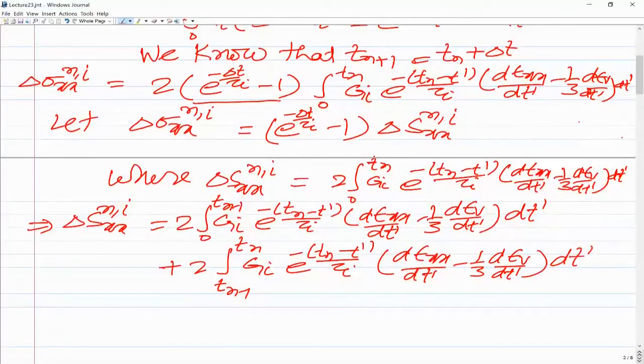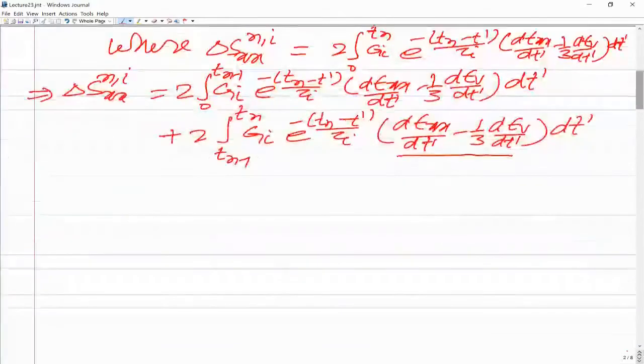Now this quantity can be evaluated, because we will assume that from tn minus 1 to tn the strain rates are constant. So we will assume this constant and we can evaluate this integral. And we know again that tn can be written as tn minus 1 plus delta t.